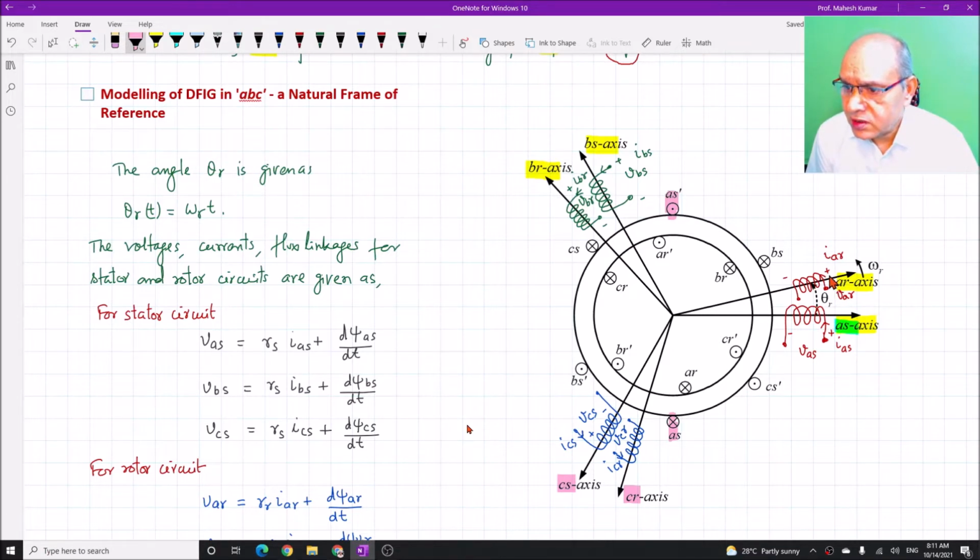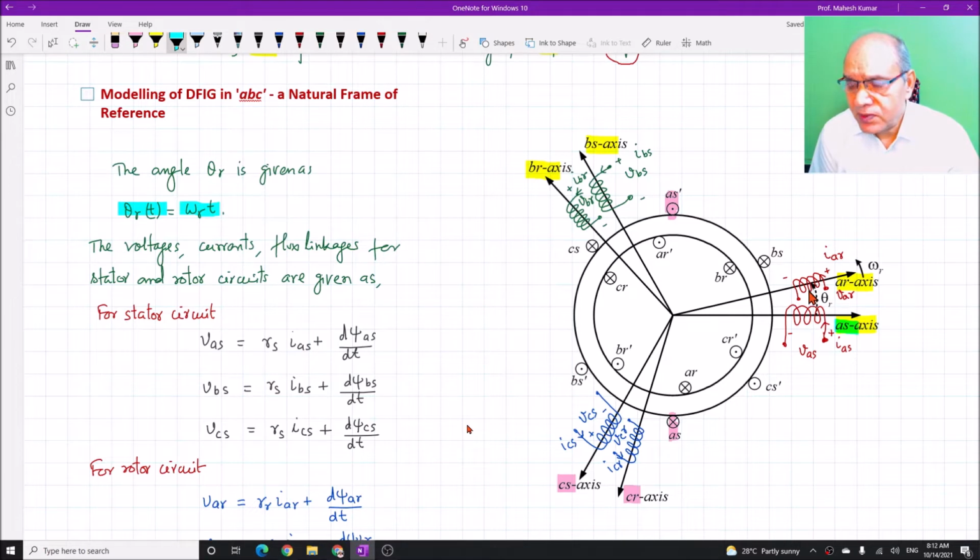This is for the rotor circuit, same structure, except that there is an angle theta r between the AR axis and the AS axis. Since the rotor is rotating, theta r is changing. Theta r is given as omega r into t. So when t is equal to 0, theta r will be 0. When t is changing, theta r changes from 0 to 2 pi radians, and again it continues. Omega r is the speed of the rotor.